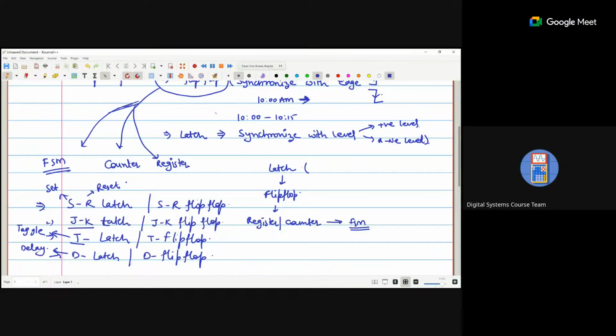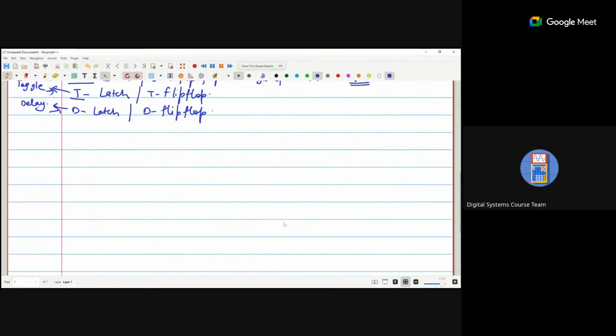So SR latch, set reset latch or set reset flip-flop, JK latch, then T toggle latch or toggle flip-flop, and the D delay latch and delay flip-flop. So we have four types of latches and four types of flip-flops.